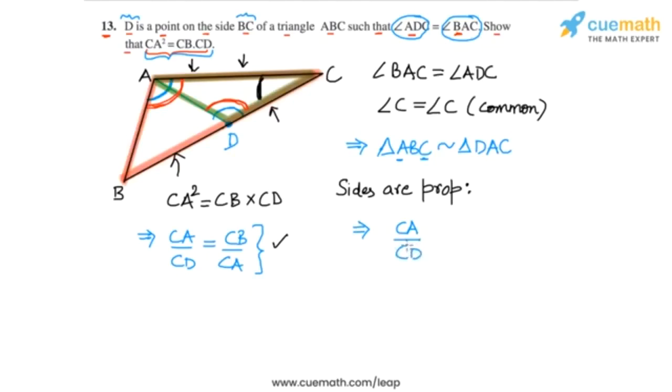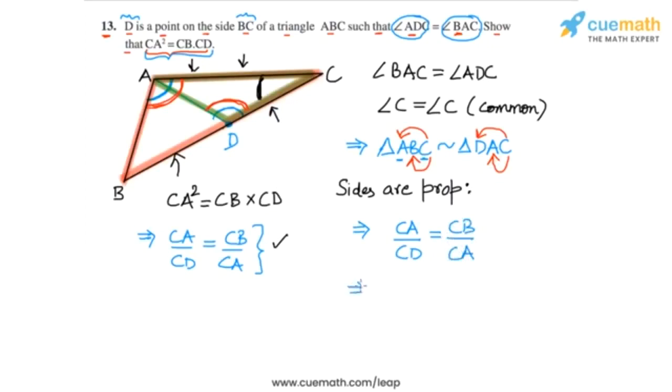To make writing these ratios easier, if you take CA in the first triangle, you take the corresponding thing in the second triangle, which is CD, and this will be equal to CB in the first triangle, which corresponds to CA in the second triangle. So we write this equal to CB by CA, right?